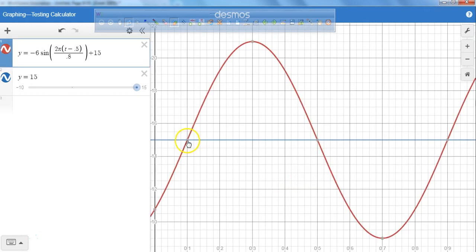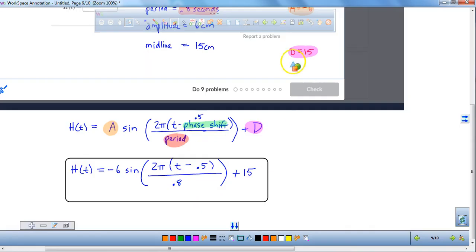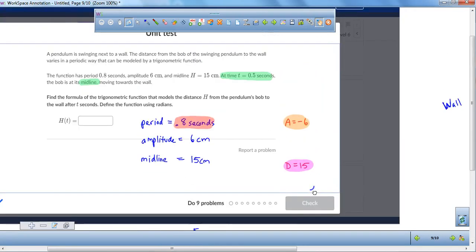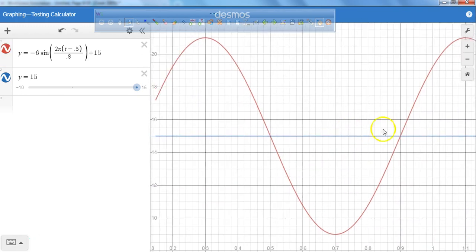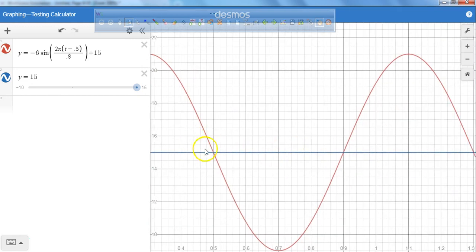So here we go. Right there, look real quick. It's supposed to be after 0.5 seconds it's at its midline. Maybe I messed up. Oh, there we go. Okay, there it is.